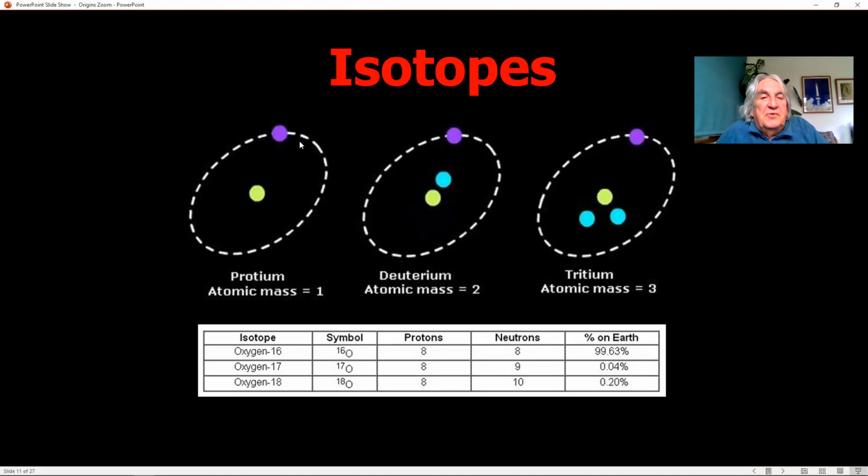And we're not going to get into quantum theory, how they can actually jump from one energy level to the next, and so on and so forth. But atoms can also have a third particle. Even hydrogen can have a third particle, and it's found in the nucleus.